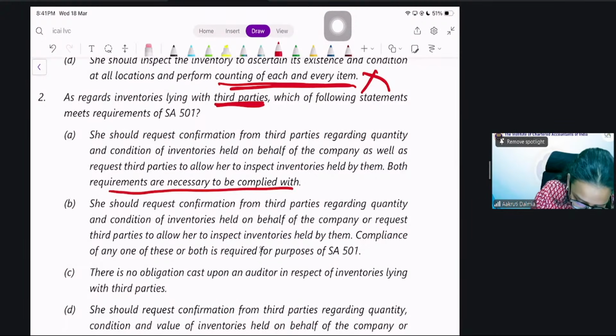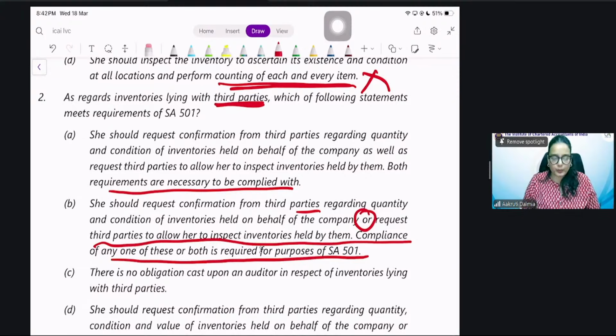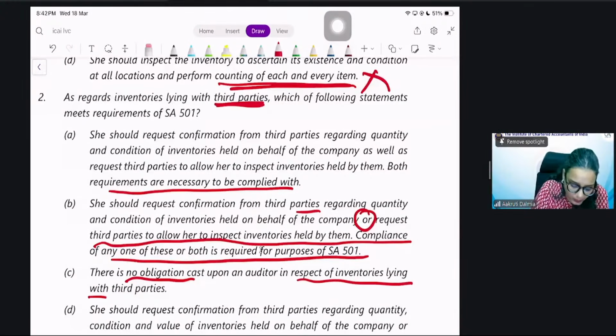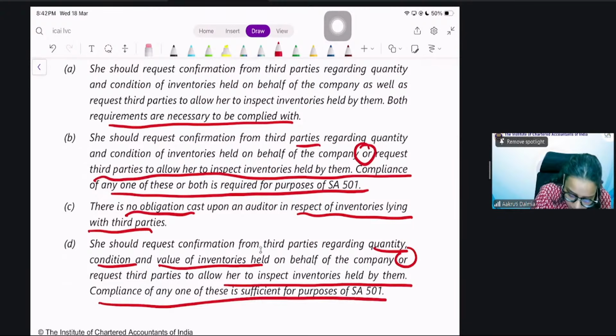Both requirements are necessary to be complied with. B: She should request confirmation from third parties regarding quantity and condition held on behalf of the company, or request third parties to allow her to inspect. Compliance of any of these conditions or both is required for the purpose. C: There is no obligation on the auditor if the inventory is lying with third parties. D: She should request confirmation from third parties regarding quantity, condition, value of inventory held on behalf, or request the third parties to allow her to inspect inventories. Compliance of any one of these is sufficient.